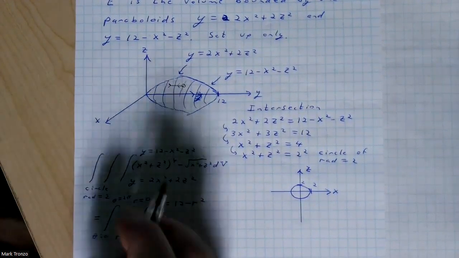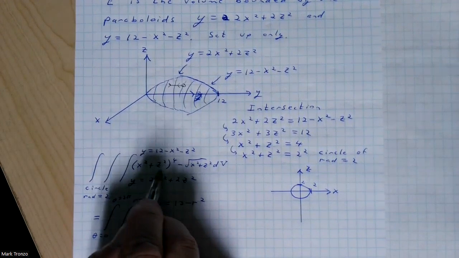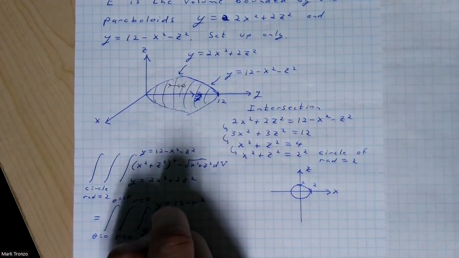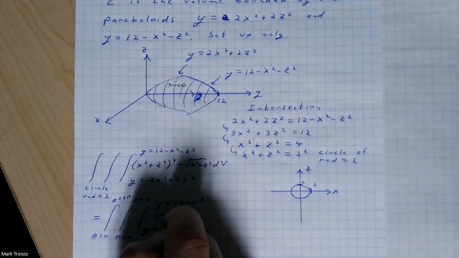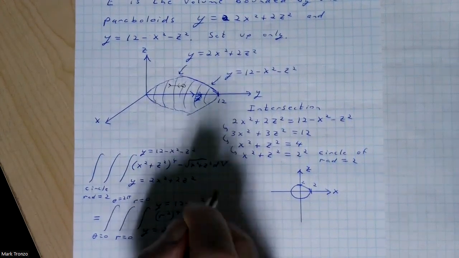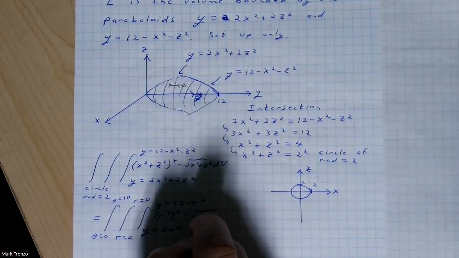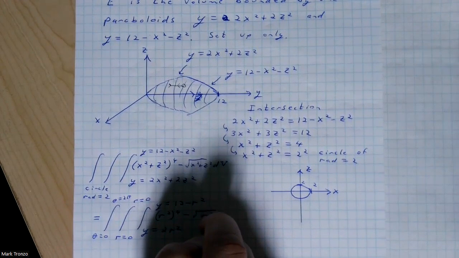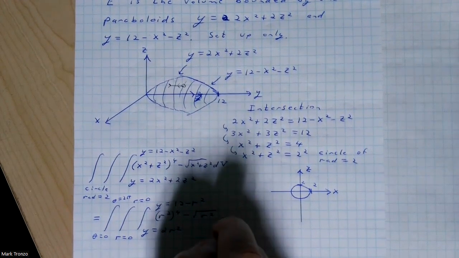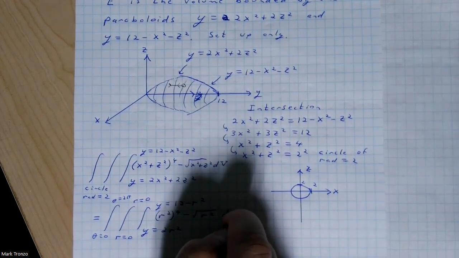Then in our integrand, we're going to put r squared here, and over here the square root of r squared, and that'll be dy.